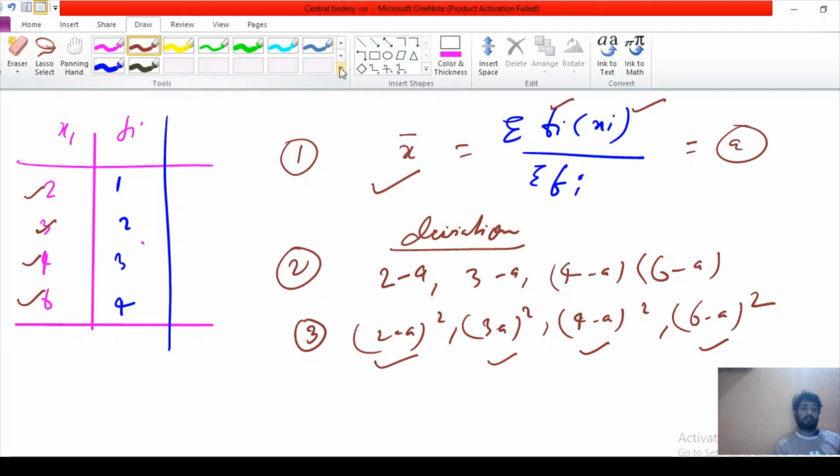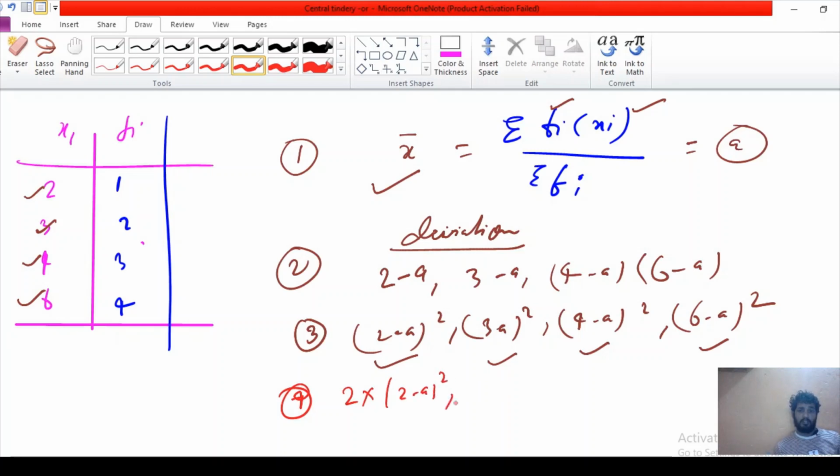The observation 2 has its frequency, then 3 has its frequency, and so on, right? This is our data with its corresponding frequencies, and this is the observation 4, 6 minus a whole square.